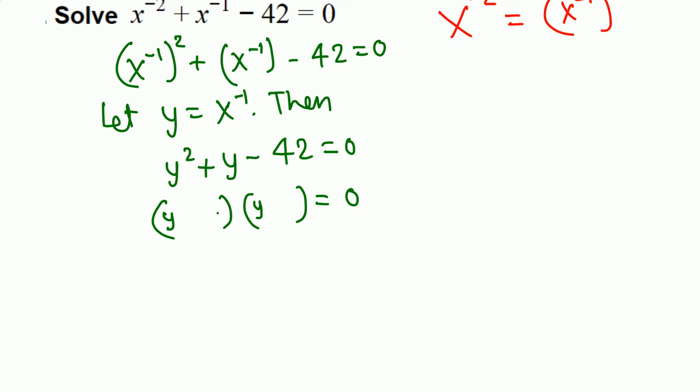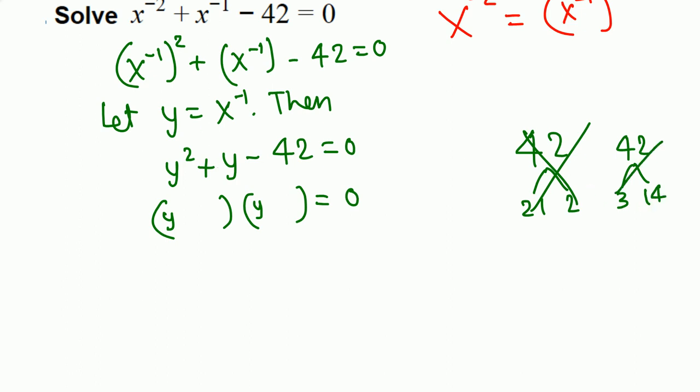For 42 negative, we need factors that differ by 1. 42 several ways: 21 times 2, 21 minus 2 is 19, not 1, so this is not good. 3 times 14, 14 minus 3 is 11, not good. 2 times 3 is 6, 6 times 7 is 42, and 7 minus 6 is 1, good.